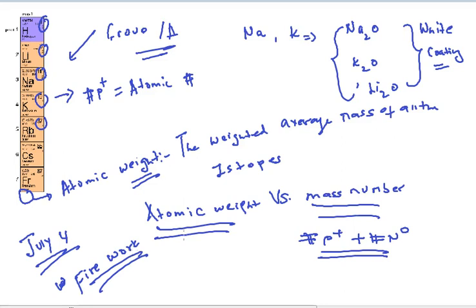What's happening is that the ground state transforms into excited states. In other words, an electron from the inner shell will jump to the next level, and then they emit energy when they return to the ground state.